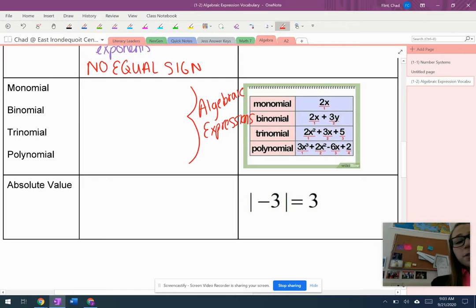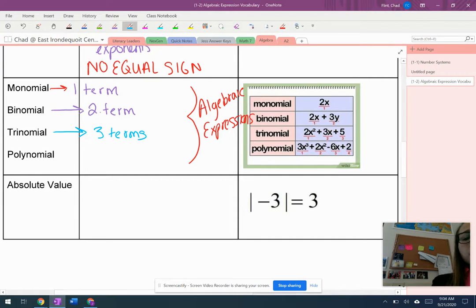From our examples, you can see that a monomial just has one term. A binomial has 2 terms. Binomial, bicycle, 2 wheels. Trinomial, tricycle, 3 terms. And polynomial, you might be connecting that back to polygon shapes in geometry.